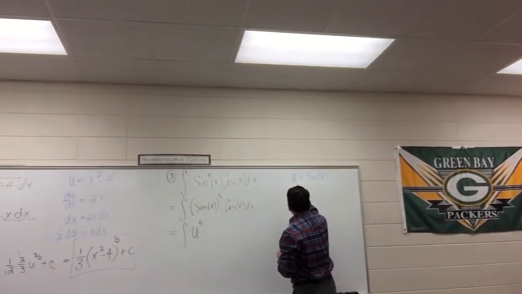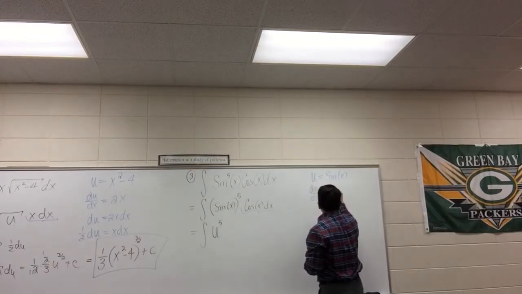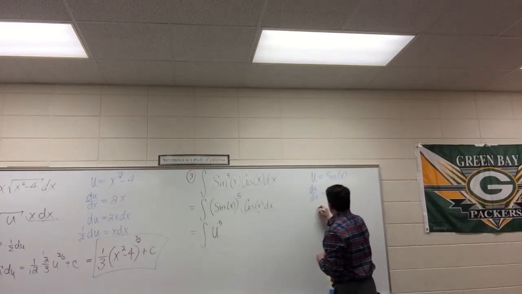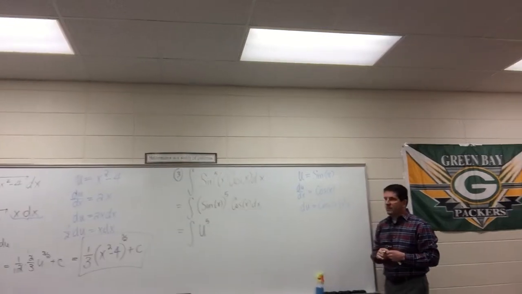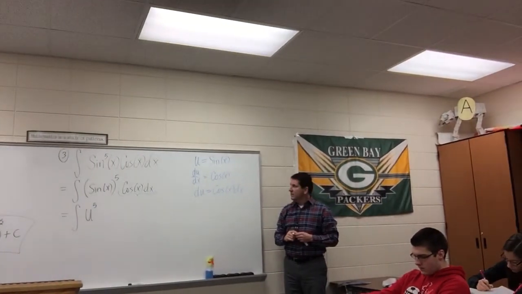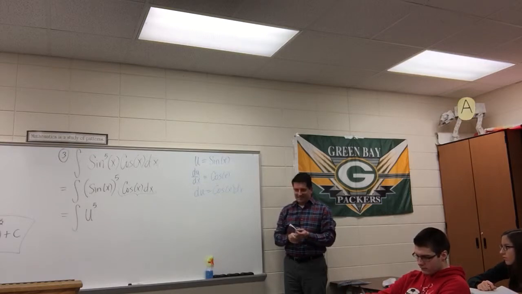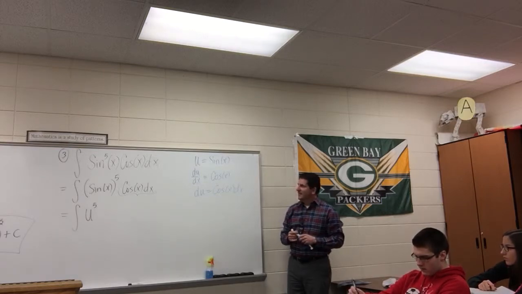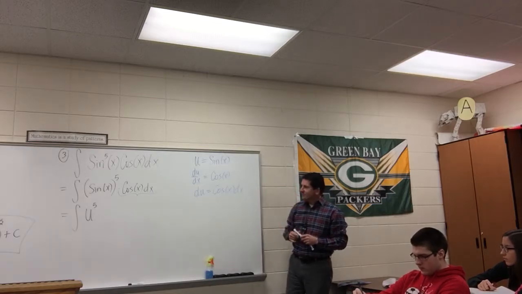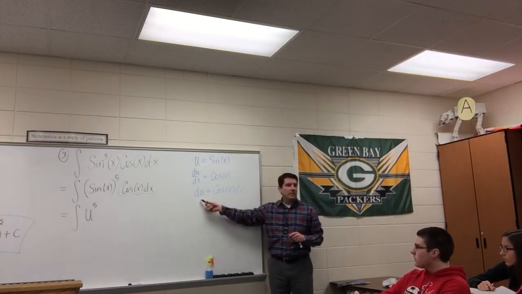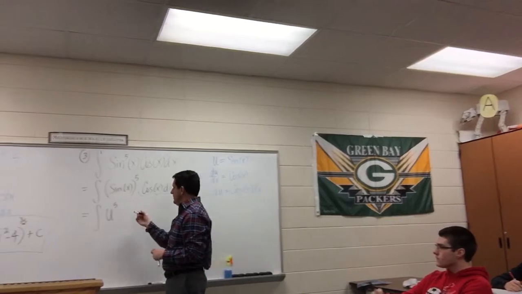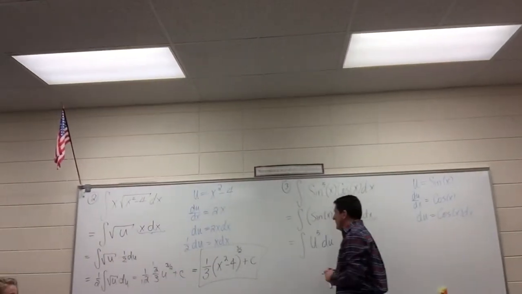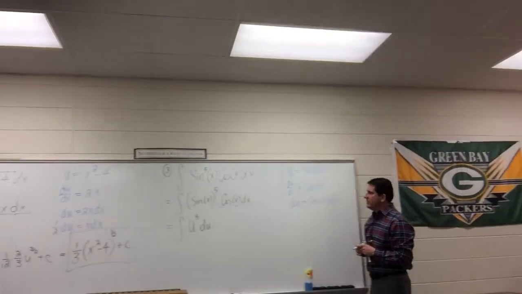So we do the work here. du dx is equal to the cosine of x, and du is equal to the cosine of x dx. So do you see why this one's not too bad? Boom, that just becomes du. So it's u to the 5th times du.